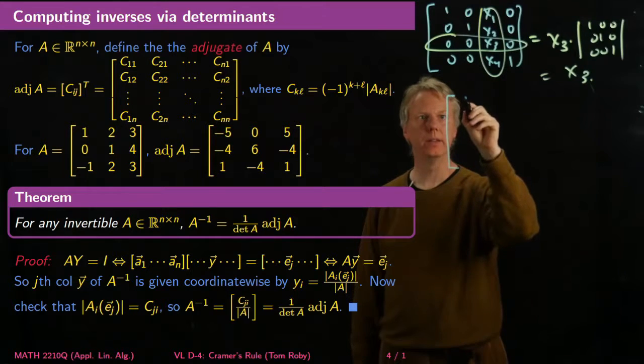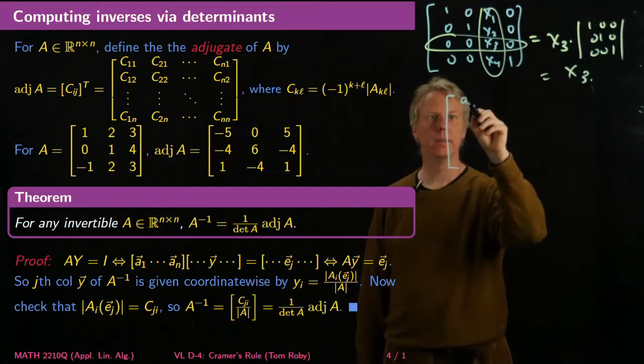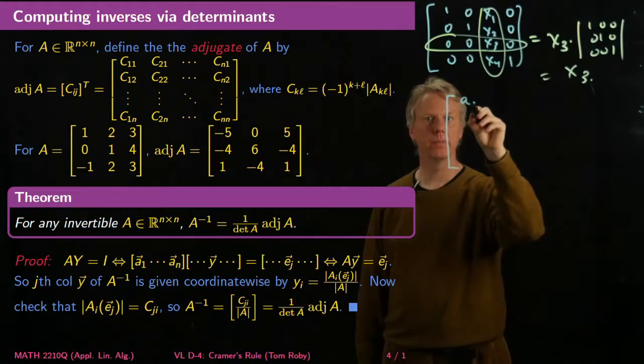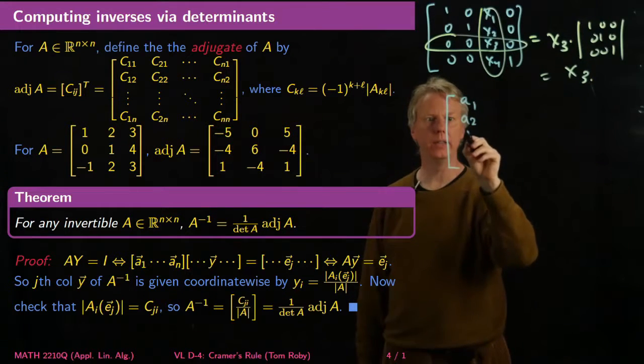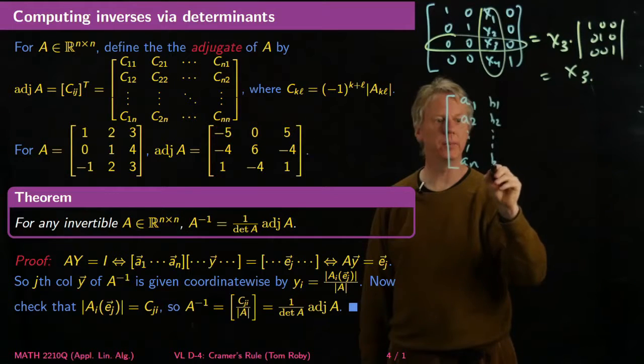So what am I doing here? Now I want to think about columns. So I'll think about A1, A2, dot dot dot, An, B1, B2, dot dot dot, Bn.